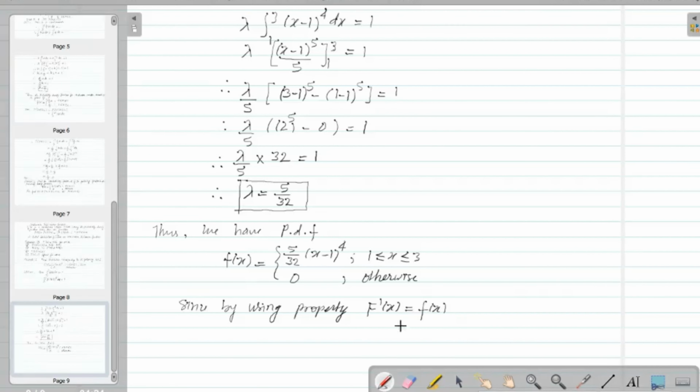F dash of x, you found f(x). f(x) is this function. So therefore F dash of x equal to 5 by 32 and (x minus 1) to the power 4. You got this. So for that we integrate this, then you can determine the function F. So just integrating on both sides.